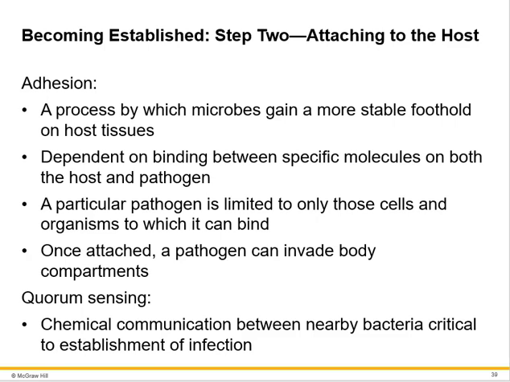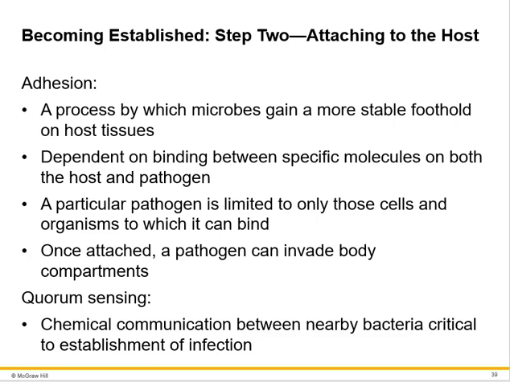And so there's this idea of quorum sensing, which is that the bacteria produce chemicals. These chemicals communicate that they are at a certain critical level that's needed to establish infection. They kind of fly under the radar until they reach that level, and then they start producing toxins. Before that, they're not going to raise any suspicion with the host defenses.